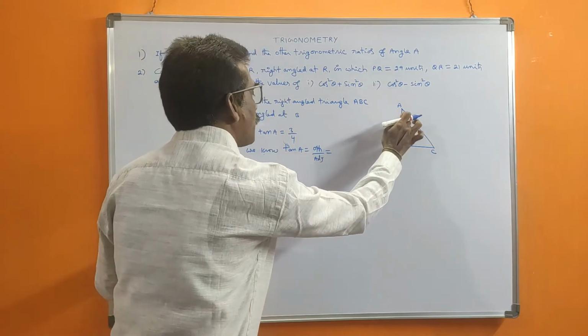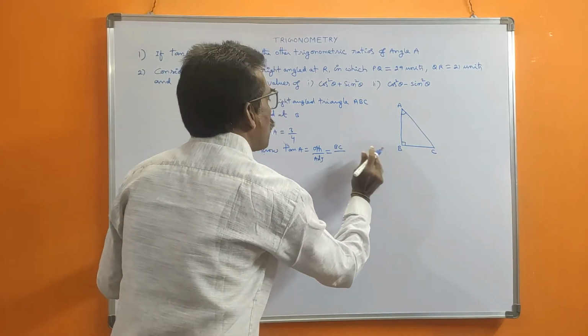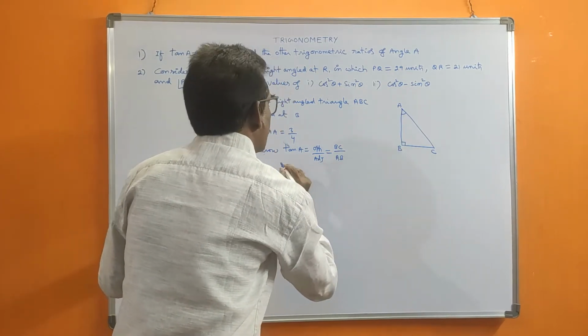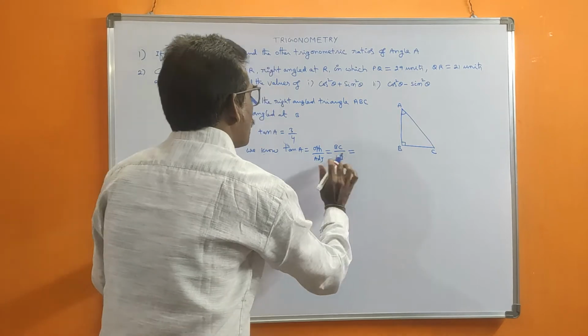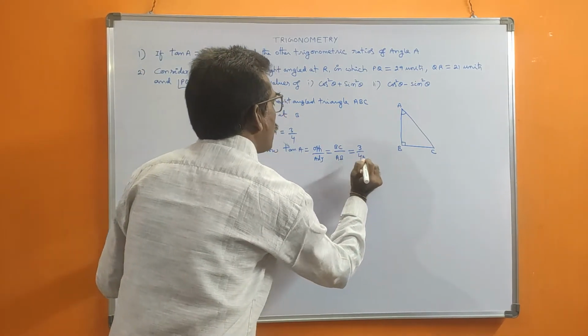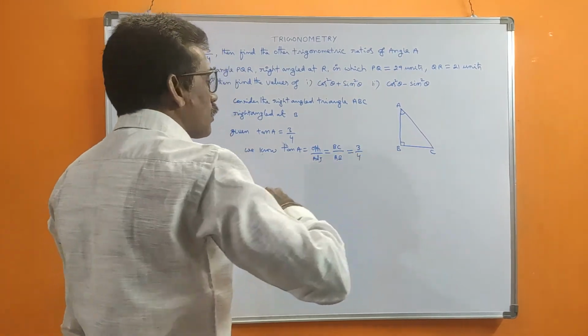From the figure, for this angle A, the opposite side is BC and the adjacent side is AB. Therefore tan A is given as 3 by 4, so BC by AB is 3 by 4.